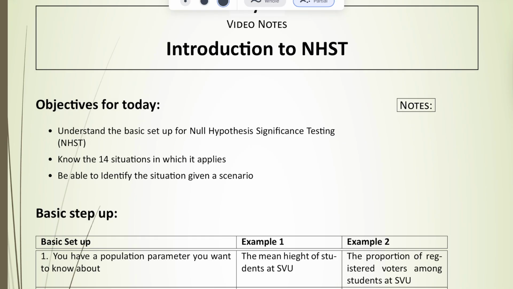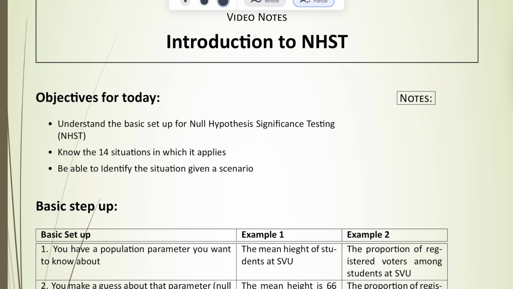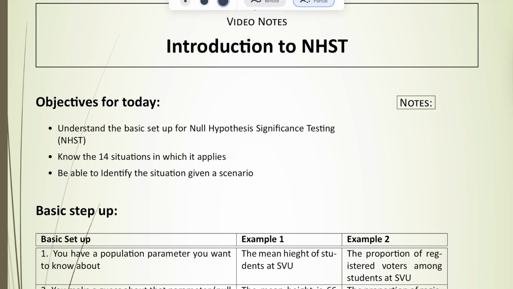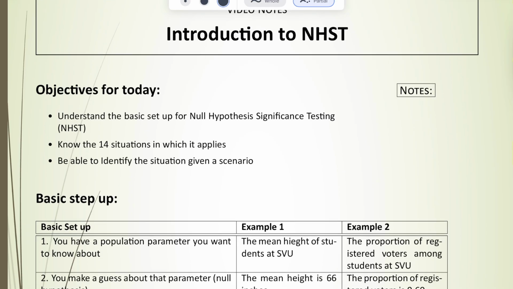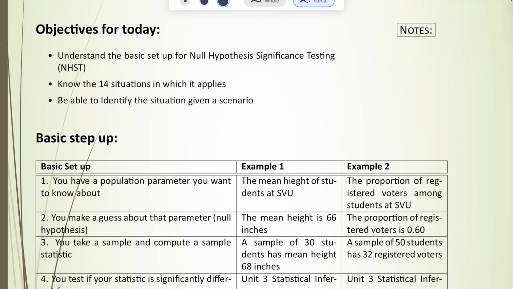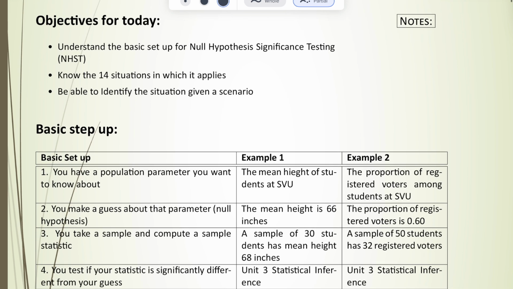And there are 14 different situations in which you will be able to apply this theory. And so we want to be familiar with those. And then we want to be able to identify the situation given a scenario. Okay, so a lot of this doesn't make sense yet, but these are the objectives for the end of the day. So hopefully by the end of this video, you'll have a clear idea of what those objectives entail.